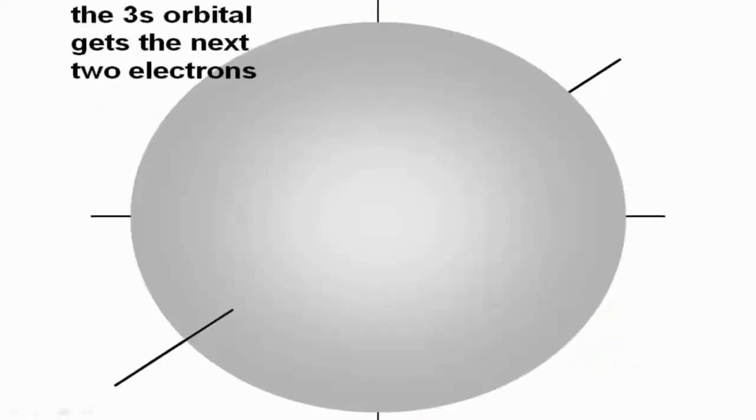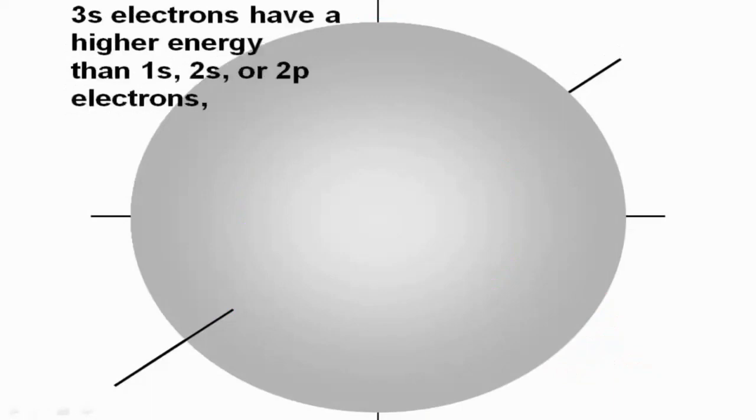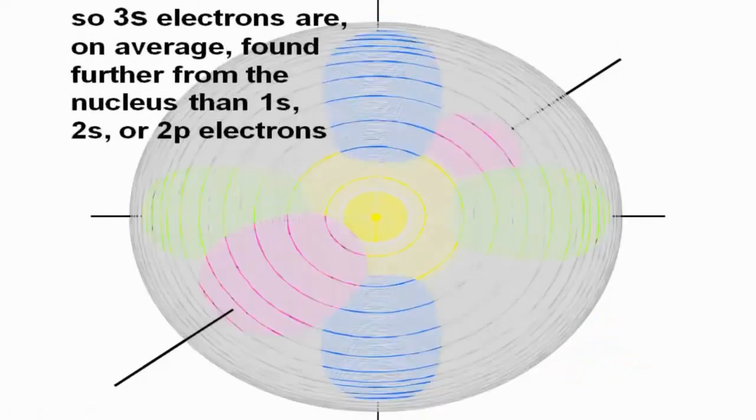So 3s has electrons that have higher energy than any of those other orbitals we looked at, and so therefore the electron on average is further from the nucleus than the others, and it is larger than 1s, 2s, or 2p orbitals and surrounds them. So we can see the other orbitals still exist inside the 3s orbital, and the 3s orbital with sodium now is able to start getting electrons.